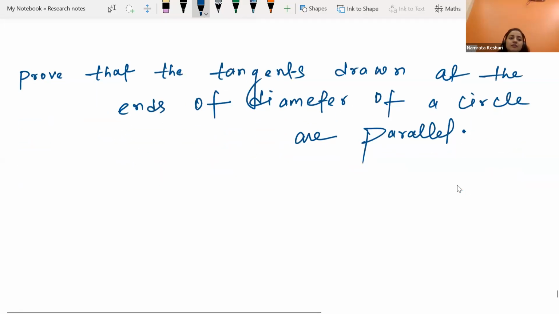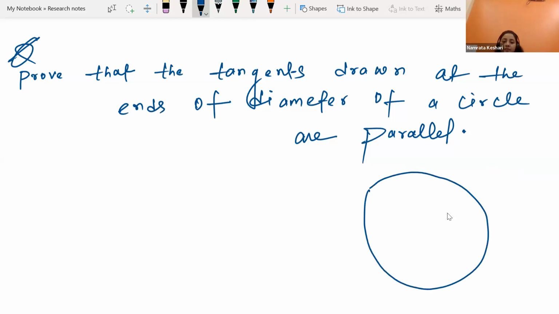Let's draw a circle. You can draw any diameter. I'm drawing the diameter like this. You can draw a horizontal diameter, it's completely your wish. You can draw the horizontal line also as a diameter like this.